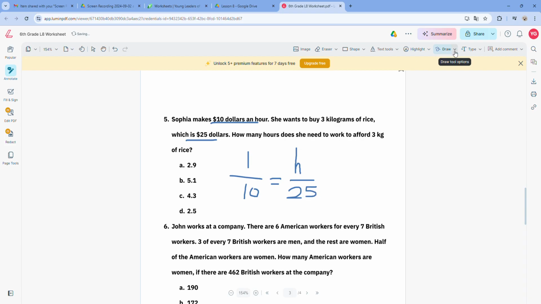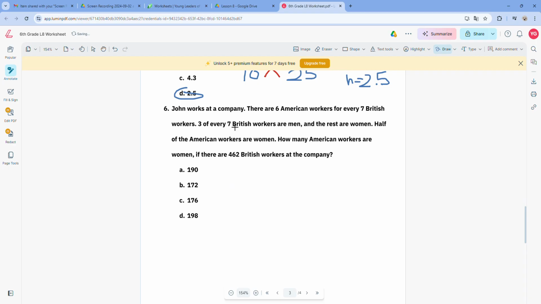And then once again, you want to cross multiply like we did earlier, and that would get you 25 is equal to 10H, and by dividing both sides by 10 to get the H alone, you would get 2.5 hours, and that's D.